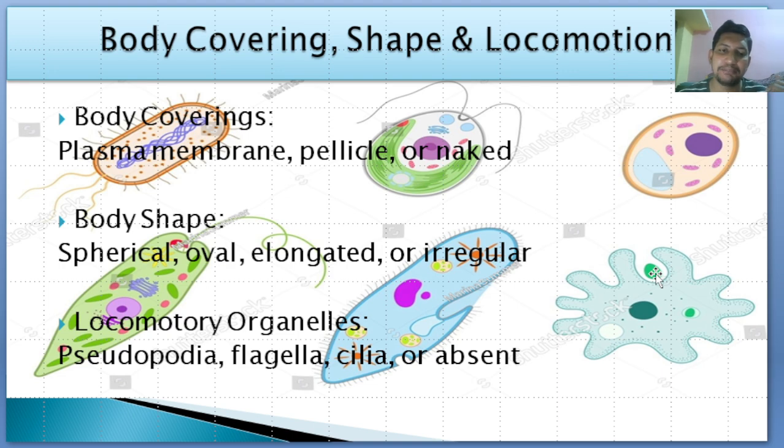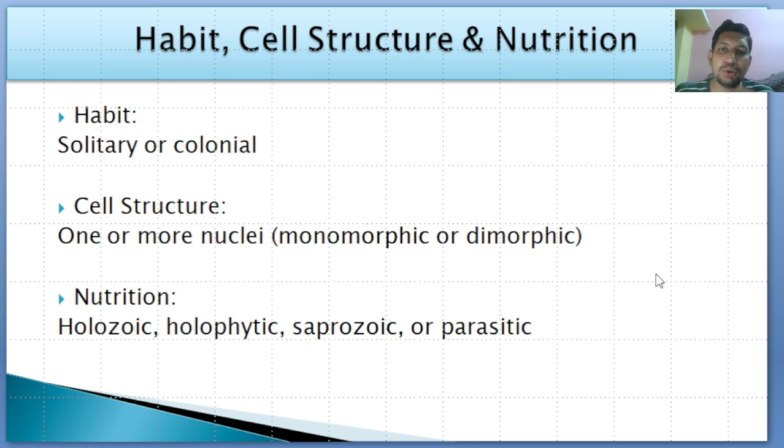For example, it may be spherical, oval, elongated or irregular in shape in case of amoeba, and the locomotive structures like pseudopodia in amoeba, flagella in case of euglena, cilia in case of paramecium, and in some cases the locomotory organelles are entirely absent. Example, Plasmodium vivax.